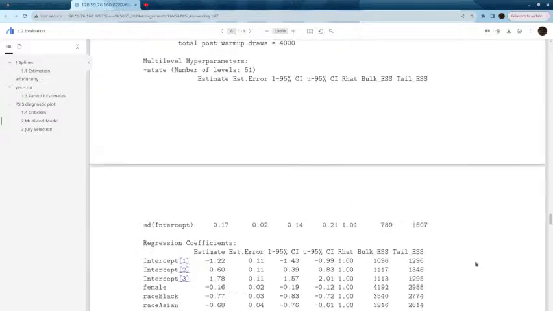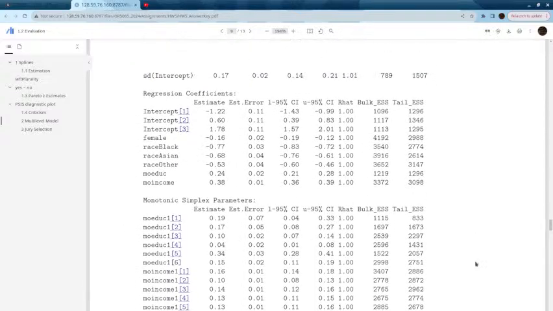state. And as we can see in the posterior distribution, the mean of the standard deviation across states was 0.17. So that doesn't sound particularly huge, but it's certainly not zero. If it were zero, that would basically mean there's no heterogeneity across states.